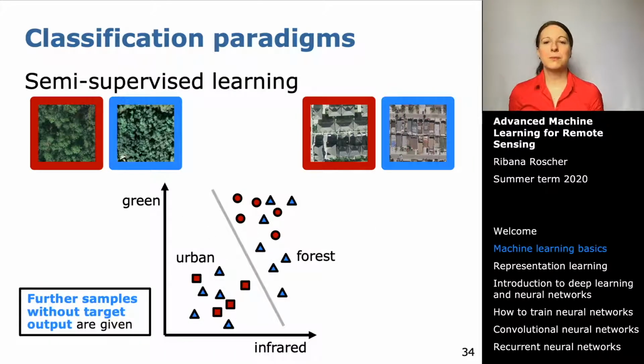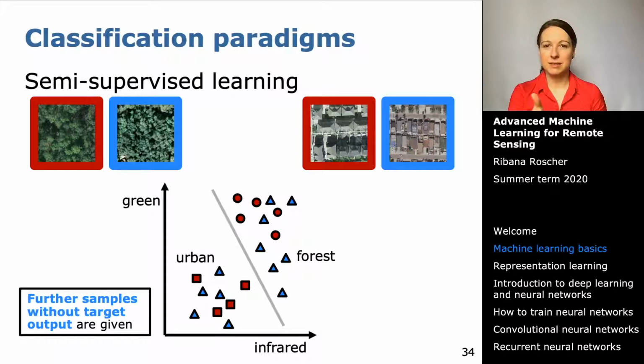For semi-supervised learning, besides the labeled data, you also have given unlabeled data samples. You do not know to which class these unlabeled data samples belong, but they need to belong to one of these two given classes. For semi-supervised learning, the similarity between the labeled and the unlabeled samples is exploited.